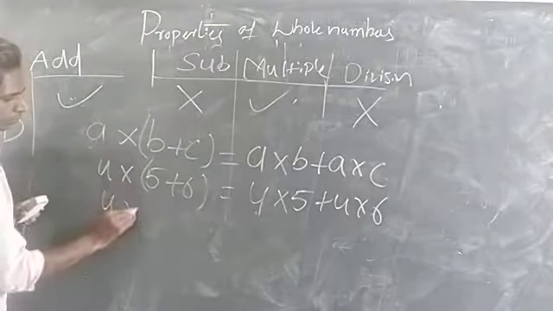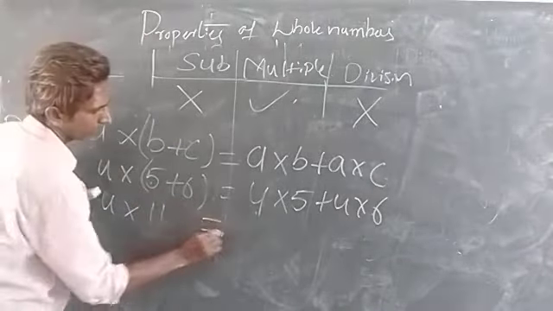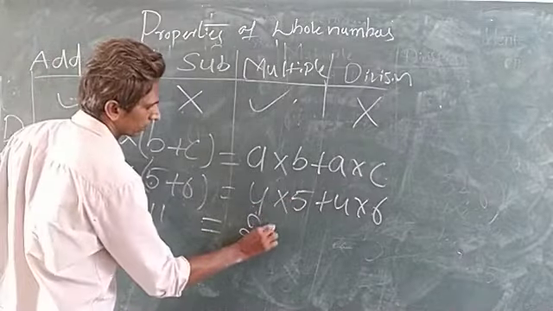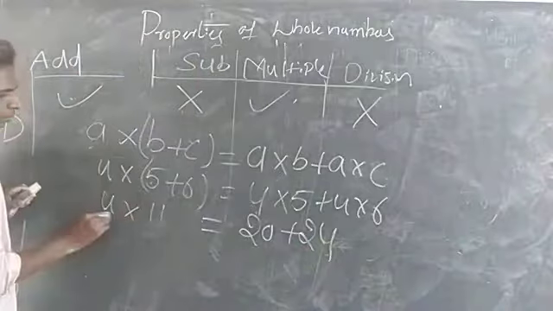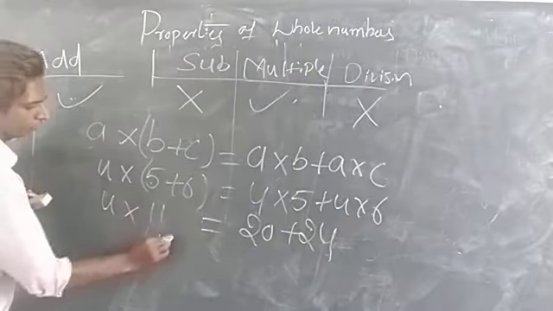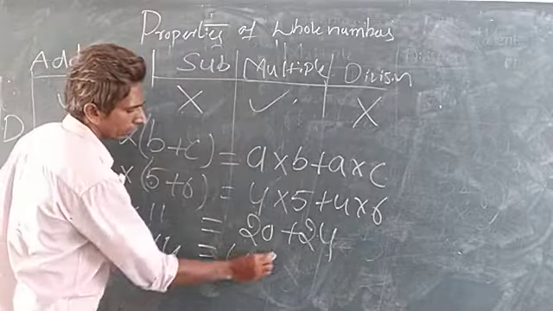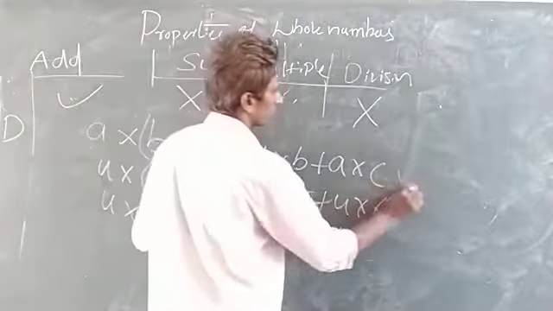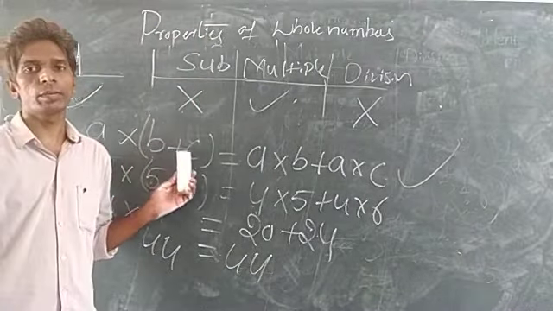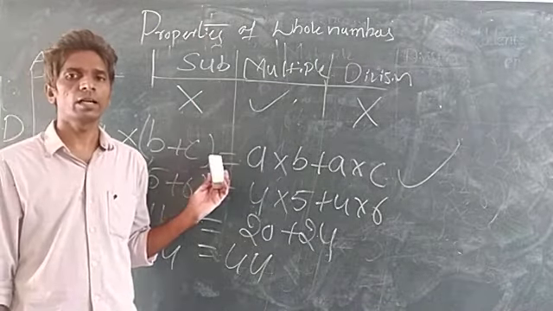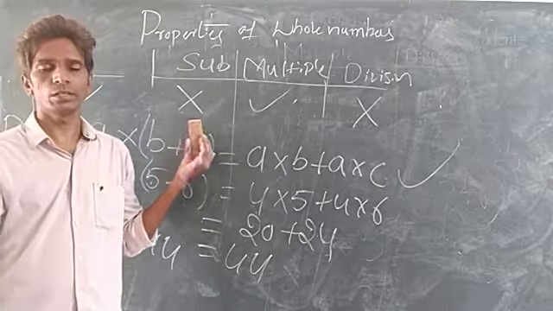By doing the addition, 5 plus 6 is 11, so 4 into 11 is 44. On the other side, 5 4s are 20 plus 24, which is 44. So 44 is equal to 44. This condition also satisfies the distribution property of multiplication under addition. This is the only one given in your textbooks.